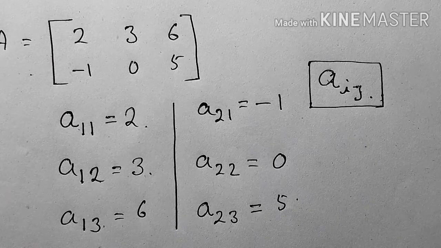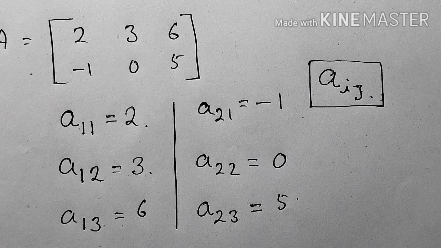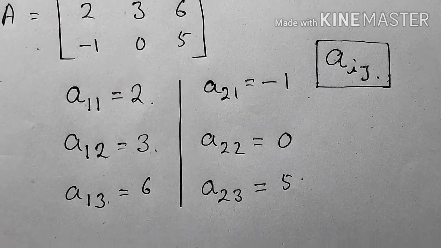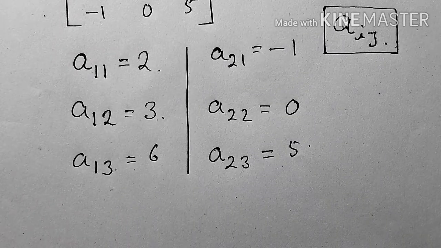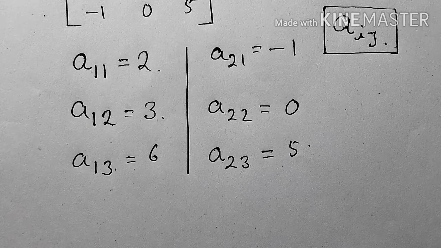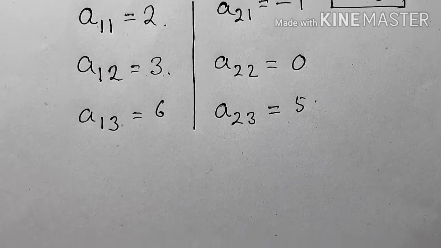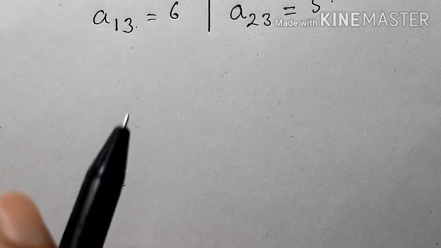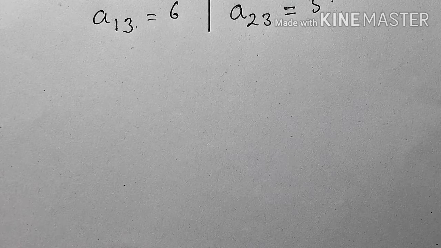Now principal diagonal of matrix. First of all, you have to learn the principal diagonal. This term is only applicable for square matrix, but till now you don't know what is square matrix, just I am trying to explain.